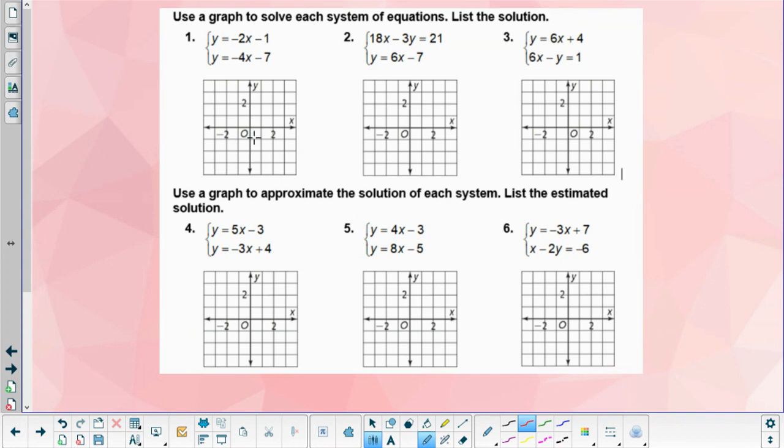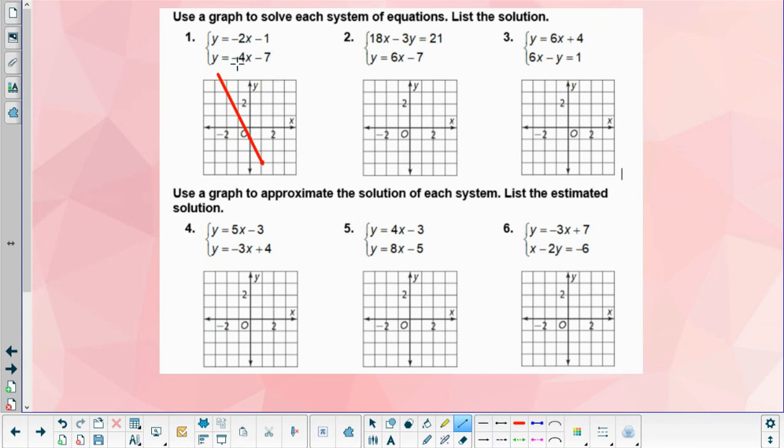All right, so number 1, if we start at -1 and go down 2, right 1. My graph is going to look like that. All right, the other one, I start at -7. -7 is off of my grid.